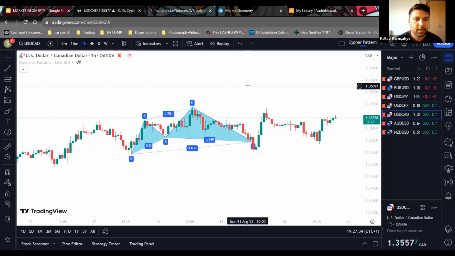If your stop loss is way too big, you want to make sure that you're adjusting your entry according to your risk management. So if you're risking 30 pips, let's say, for example, but the stop loss is 60 or 50 pips, maybe you can bring your entry point down a little bit to make it 30 pips, if that makes sense.